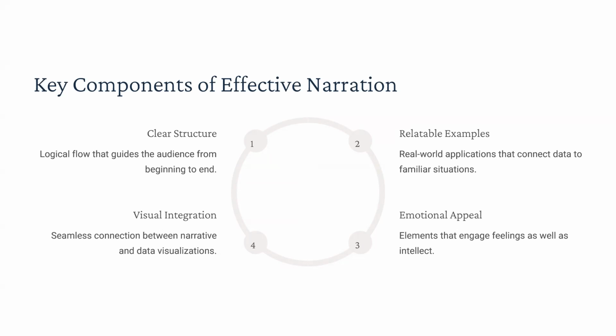If we try to go to a circular structure, where we start at one point and then go back to the same point again, it might be confusing to our audience. So it's good to use a clear and linear structure, and in between try to infuse some examples about the story.